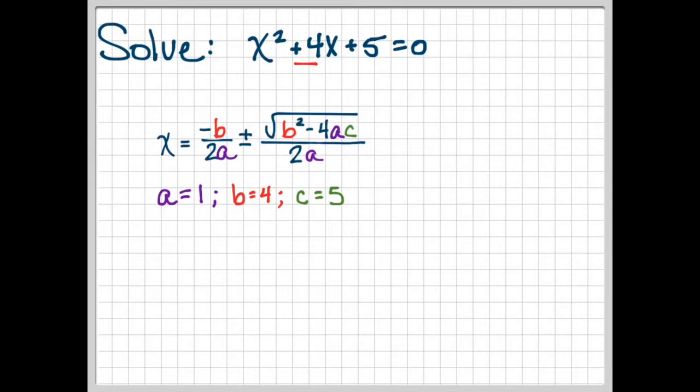We would start off by saying x equals the opposite of B. So in this case, our B is +4, so it's going to be -4 over 2 times A, and we know that A is 1, plus or minus the square root of B squared, so that's 4 squared, and you can continue to keep the parentheses around it if you want, just to have it the same every time, but when it's a positive, it's not such a big deal, minus 4 times A times C. Our A is 1, and our C is 5.